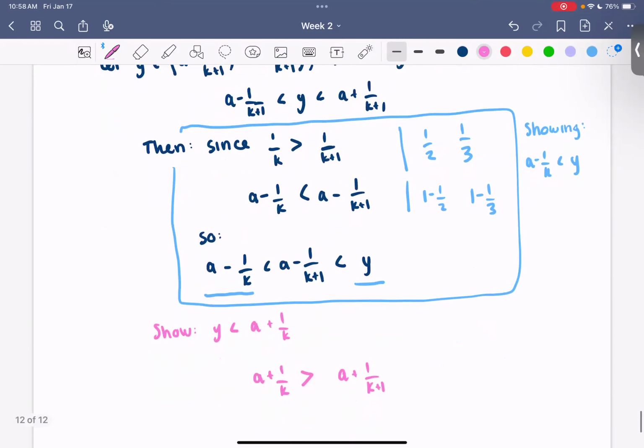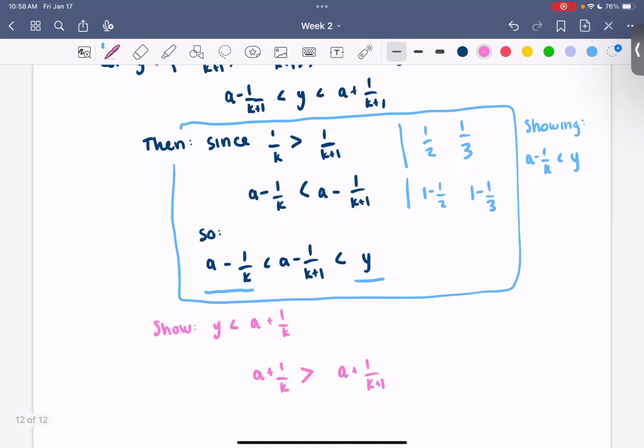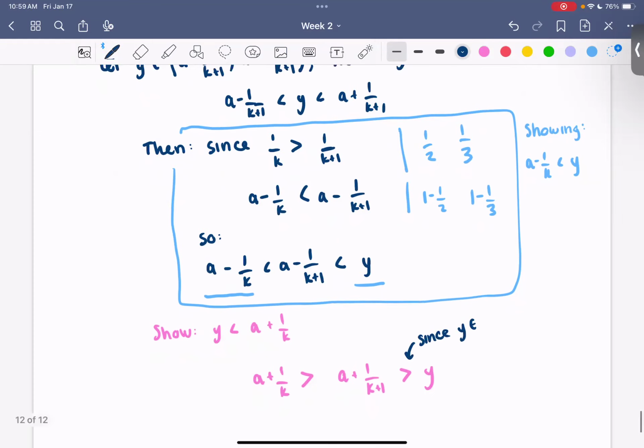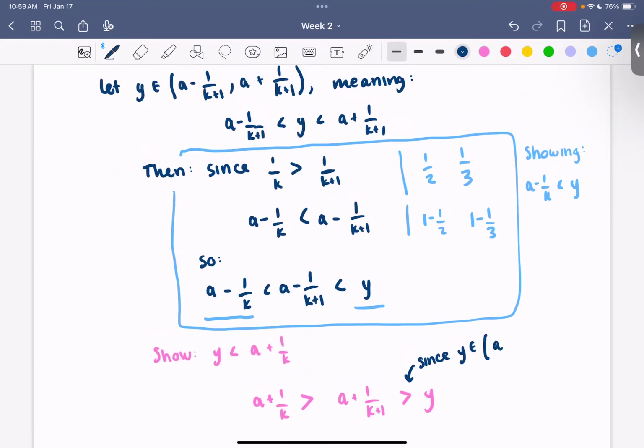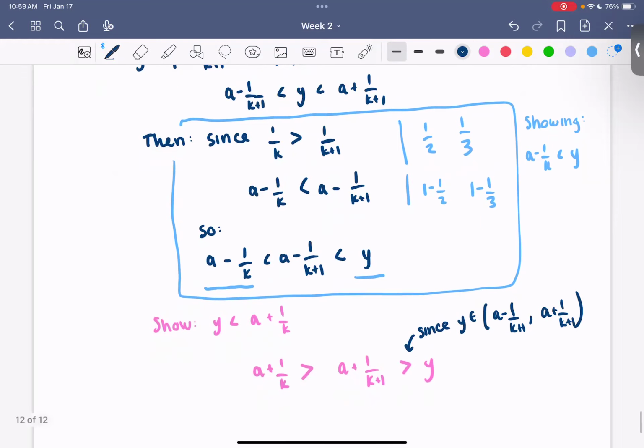Okay, good. So we have the inequality pointing this way. Do you agree with this? Then we already know, because y came from the little interval, that y is less than this. So that means that y is in fact less than a plus 1 over k.